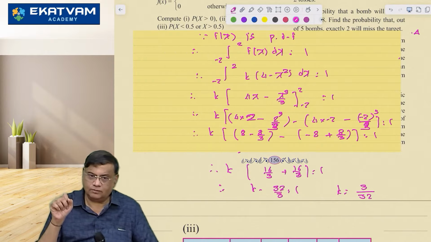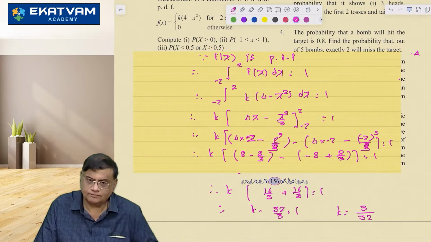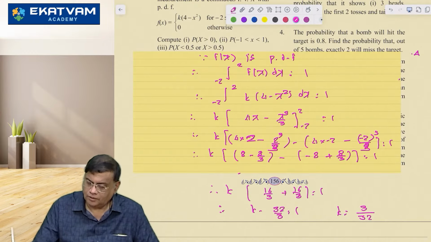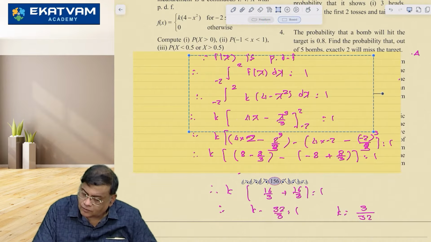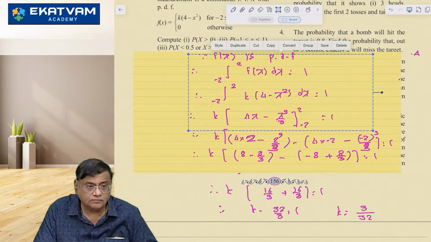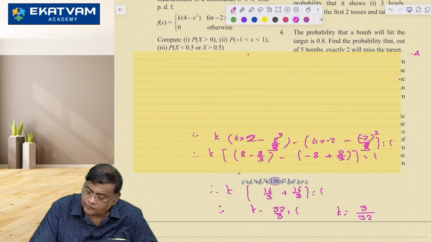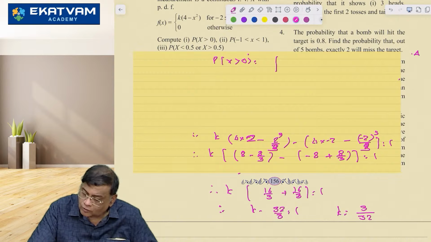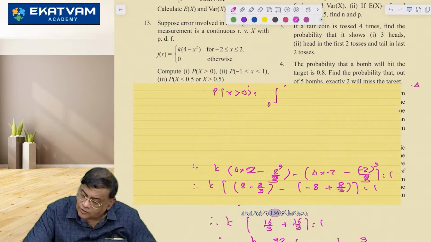So we got the value of k. Now we have to find each probability. So first, probability of x greater than 0. Listen, done? Don't copy now. So probability of x greater than 0. Now overall range is minus 2 to 2. So greater than 0 means it will become 0 to 2.